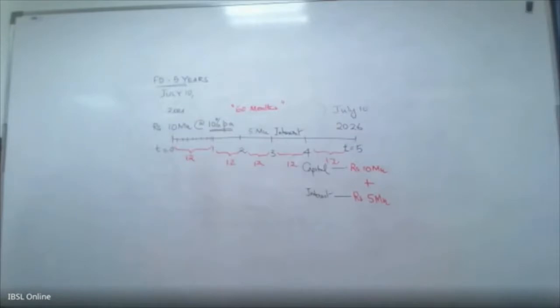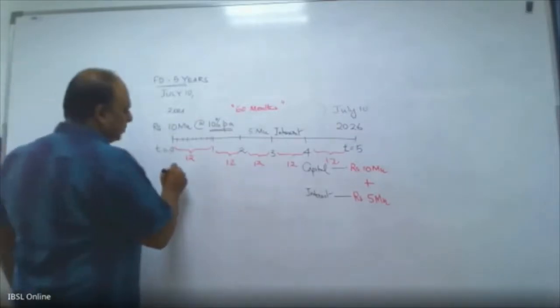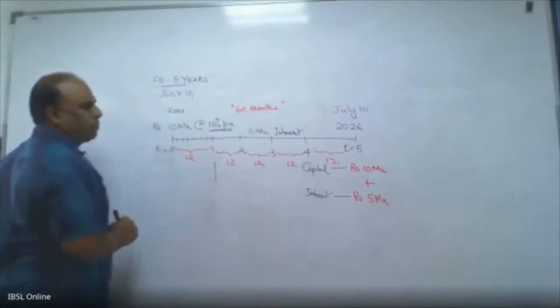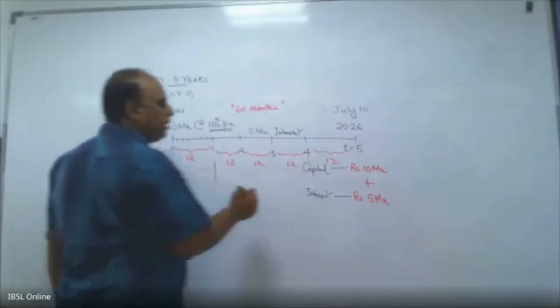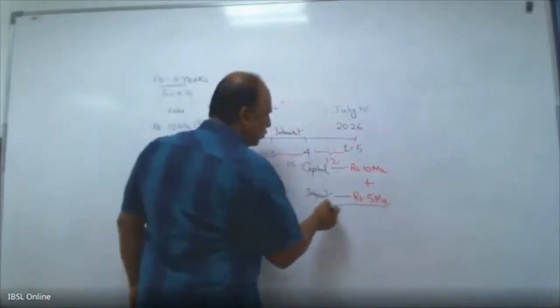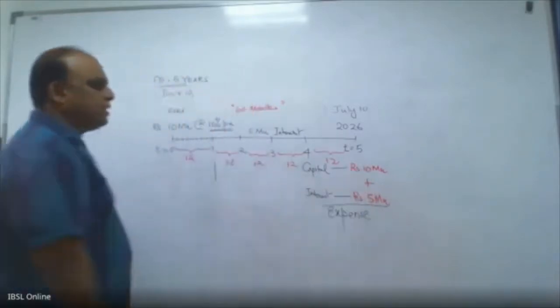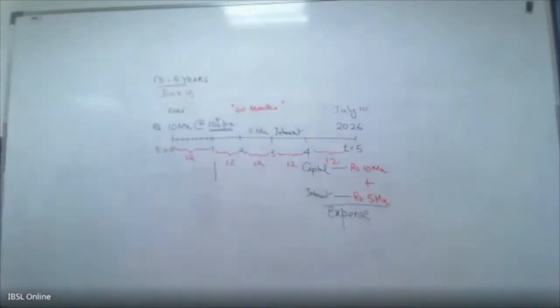So what you need to do is, at the end of the first year, now remember, this 5 million is known as an expense. For the bank, it is an expense. Now, we will learn it shortly.